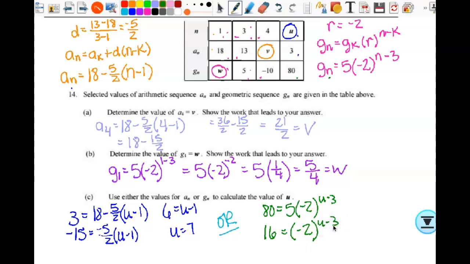So to solve that, I want to make this have a base of negative 2, just like this does. And I know 2 to the 4th is 16. Well, negative 2 to the 4th is also 16. And then since these bases are the same, I let 4 equal U minus 3, and U equals 7.